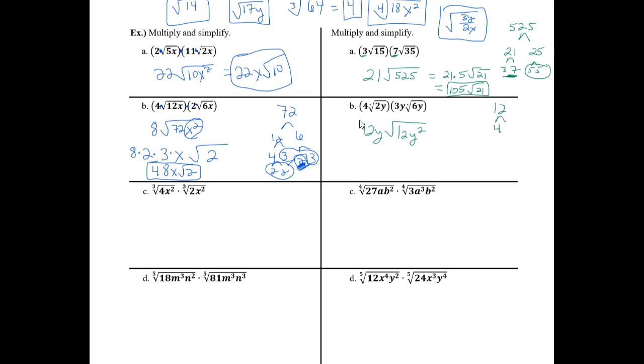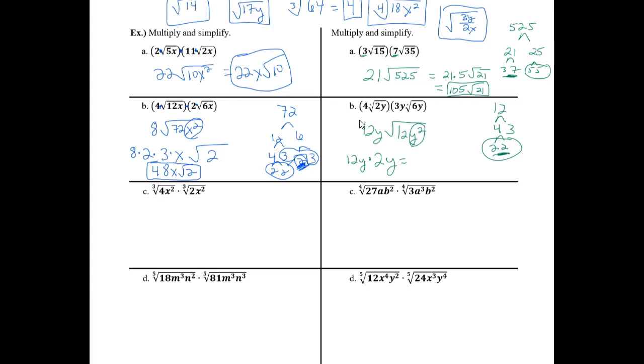Then we simplify anything that we can underneath the radical. 12 is the same thing as 4 times 3. 4 is 2 times 2. I'm going to take out those 2's. I already have a 12y times the square root of 2 squared is 2. So this pair comes out as a 2. And then the square root of y squared is y.